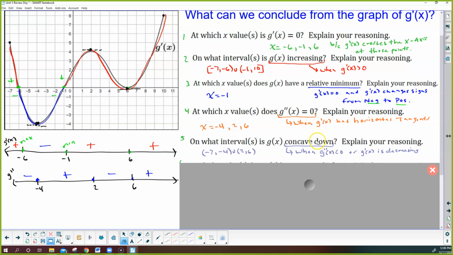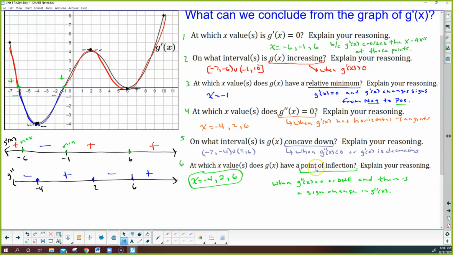On what intervals is g concave down? That's when g double prime is negative. So from the interval of -7 to 4 and from 2 to 6. Or you could look at your graph, and when does this graph have negative slopes? That's when g prime is decreasing.